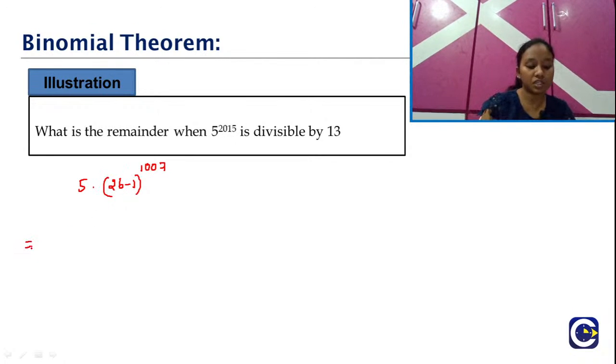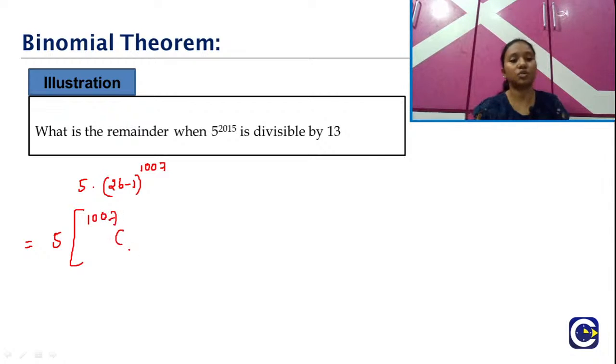So let's expand it, guys. 5 will be common here. Take it, and then the expansion of our binomial: 1007 C0 26 power 1007 and 1 power 0, so it will be plus only.